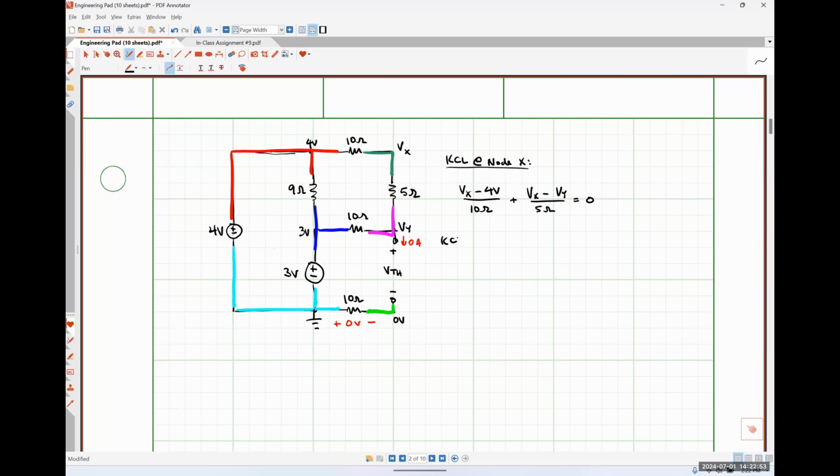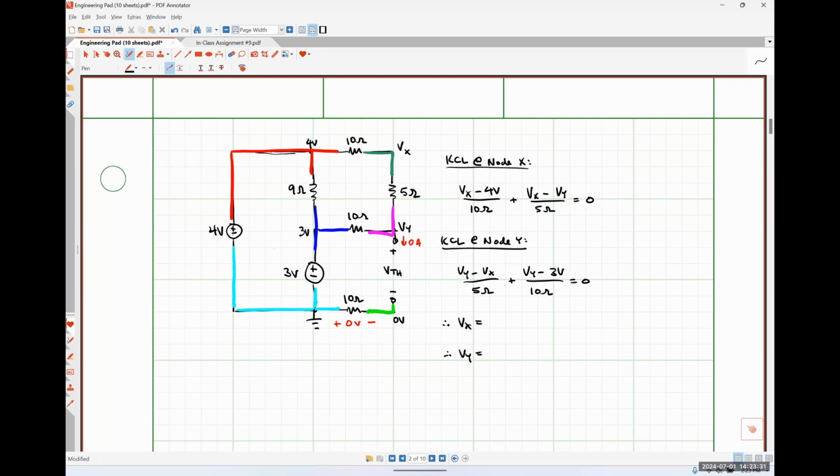I apply KCL here at node Y, and I will have Vy minus Vx over 5 ohms plus Vy minus 3 volts over 10 ohms is equal to 0. And now I'm going to solve for Vx and Vy really quickly.